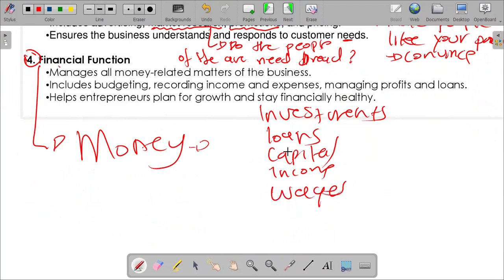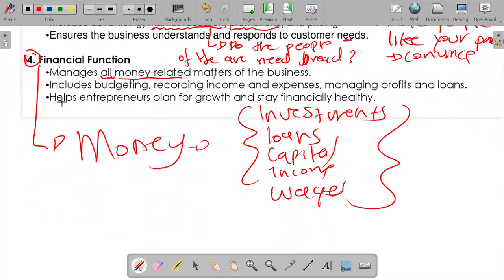Wages. You see here, all money-related matters. So everything that involves money will run past this person who is responsible for managing the financial function.